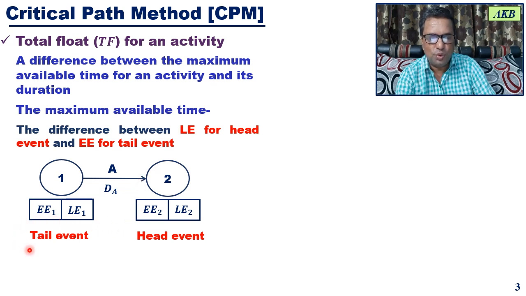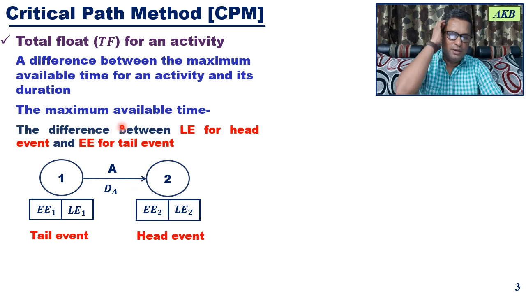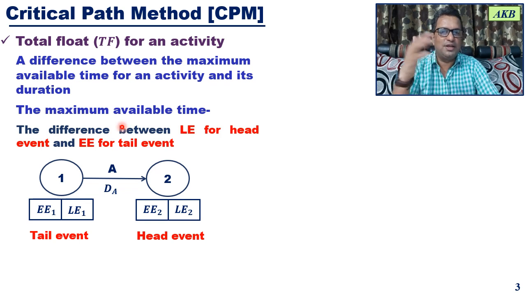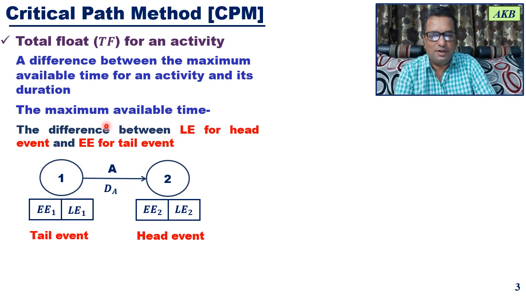Once you know what is a tail event and what is the head event, now you can easily write the equation for maximum available time. So what is the definition? Difference between latest event time for head event, and earliest event time for tail event. In this case, event 2 is the head event, and for event 2, latest event time is LE2.